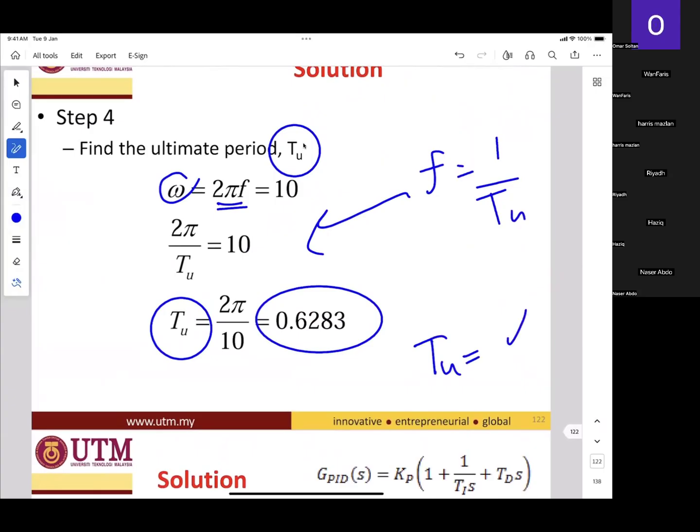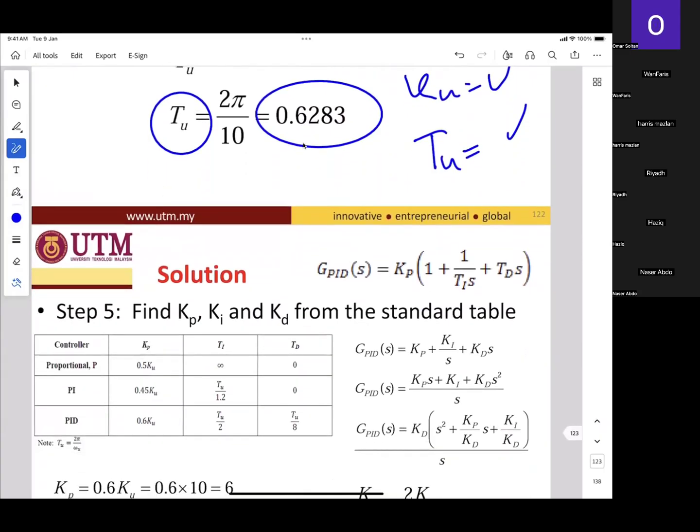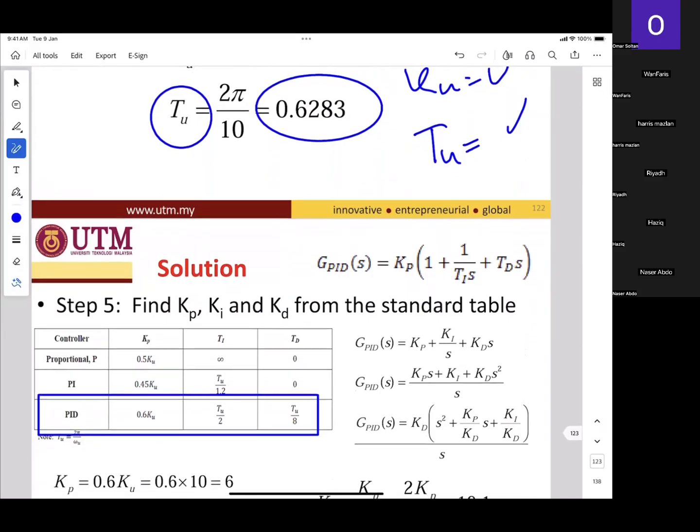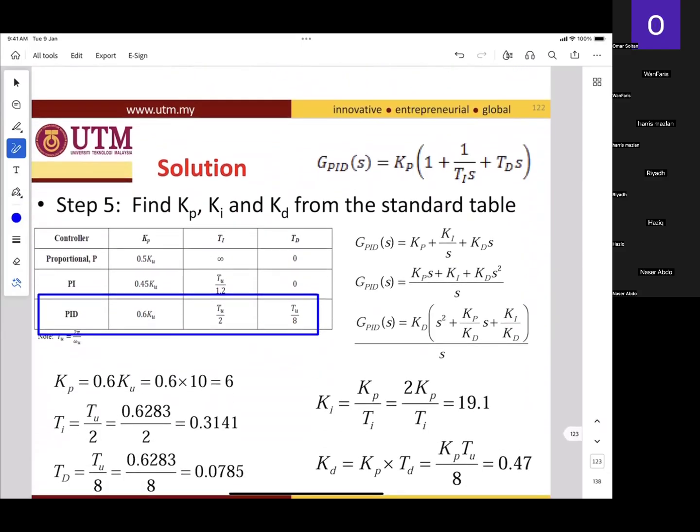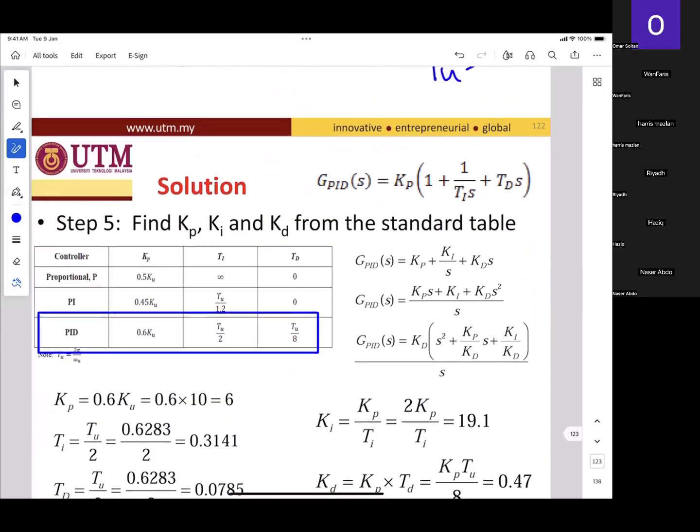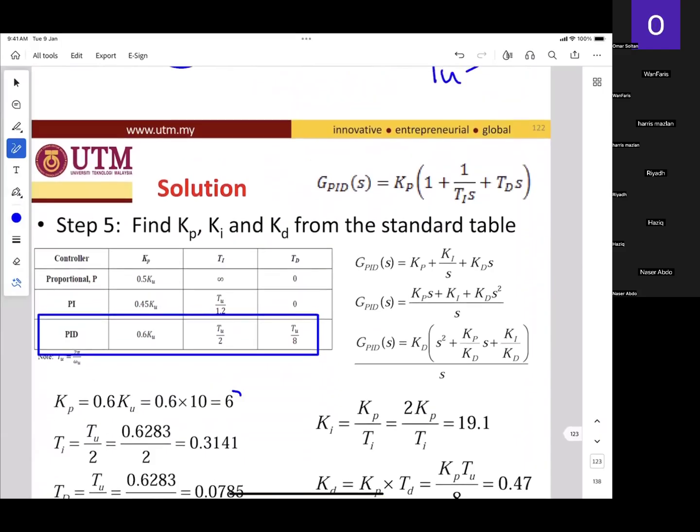You already have Ku. So now you can use it inside this formula to find the Kp, Ti, and Td. So Kp is 0.6 Ku. Ku is 10. So Kp is equal to 6. Ti is equal to Tu divided by 2.